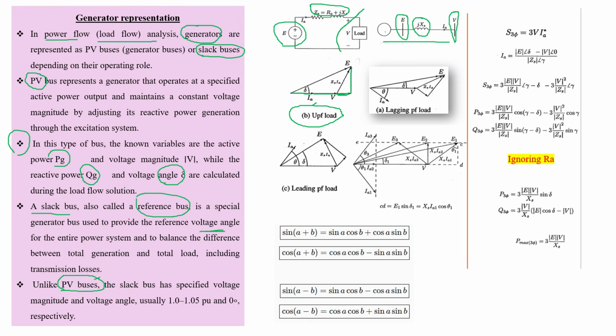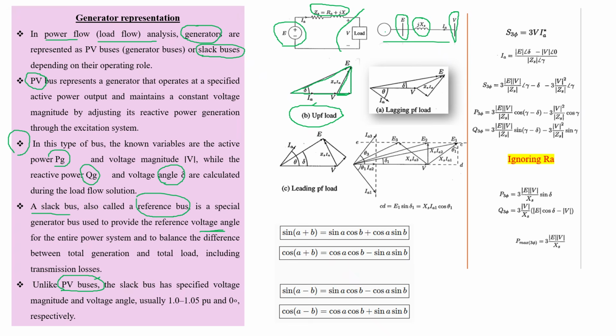So we can draw it like this, and we can obtain the internal voltage. The internal voltage should supply the terminal voltage plus the voltage drop due to the active and reactive parts of the impedance. And we can calculate the magnitude of the voltage drop due to impedance by using this relation.